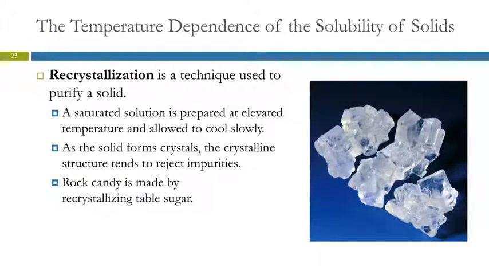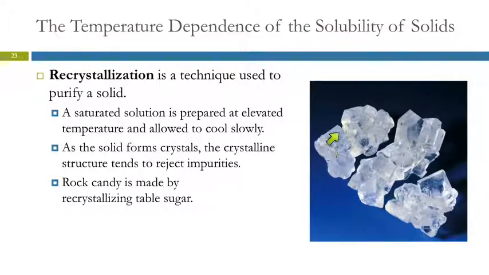So recrystallization is a technique used to purify solids. You make a saturated solution at high temperature, you let it cool down slowly. As it forms those crystals, it wants to have the lowest potential energy, and the lowest potential energy is when things line up in whatever cubic or whatever crystal unit lattice it's going to form. If everything is perfect, the energy will be lower. So what will happen is it's recrystallizing.